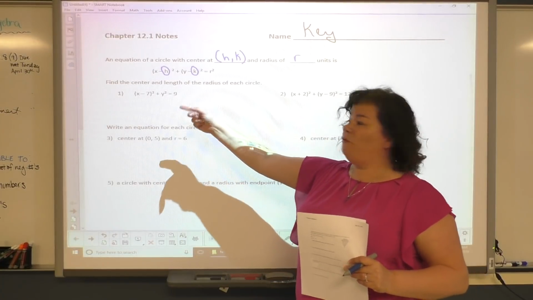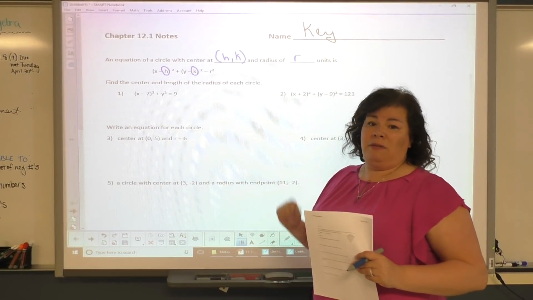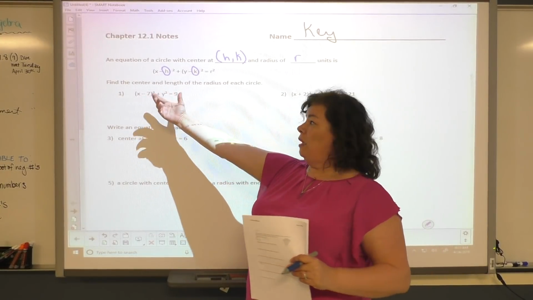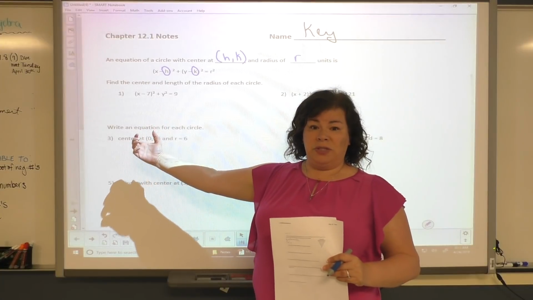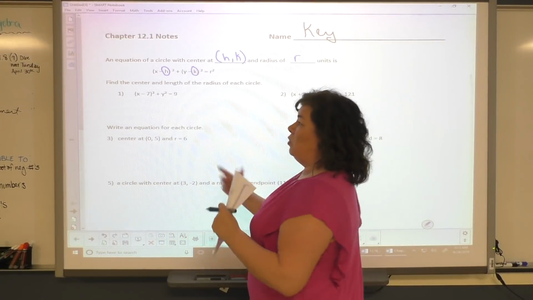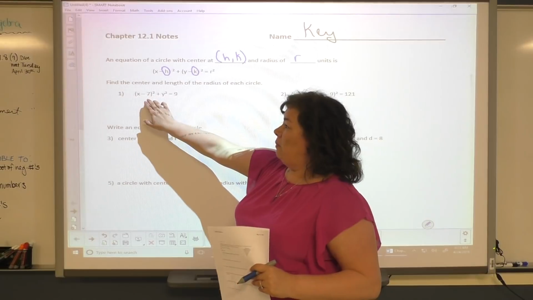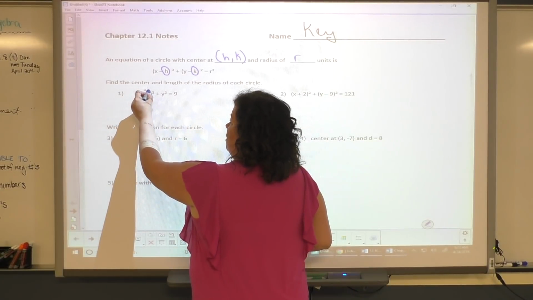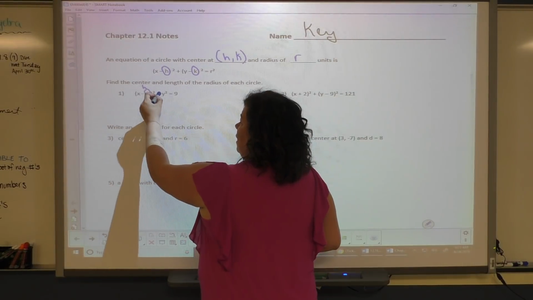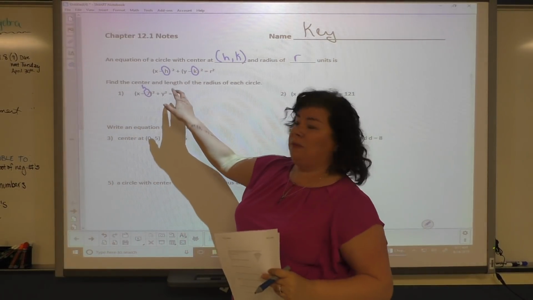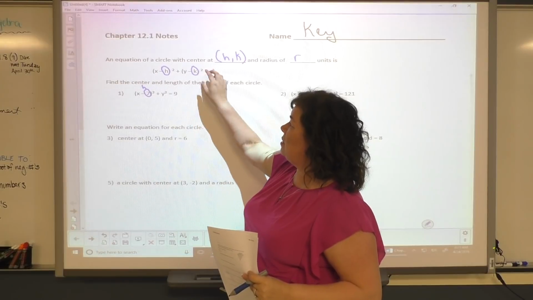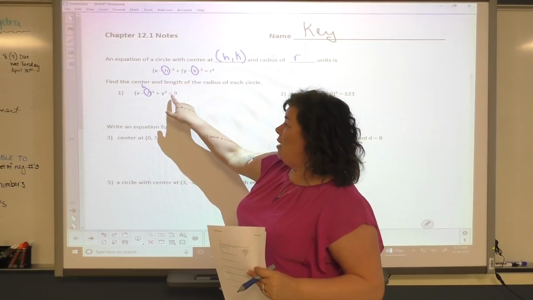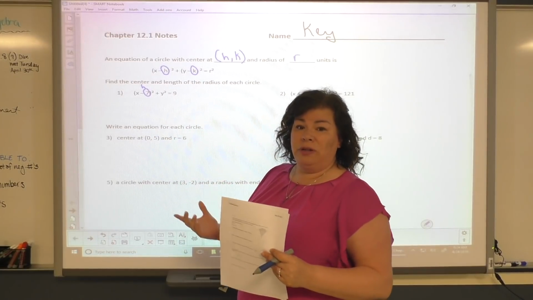Right here, they want us to find the center and the length of the radius of the circle. So here we're given an equation of a circle, and they want us to identify what the actual center is and the radius. Based on the equation, because it's x minus 7 quantity squared, we know that this is our h value, and our k doesn't seem to be anything because if I put a 0 here, I'm just going to get y squared. So that means our k value is really 0.